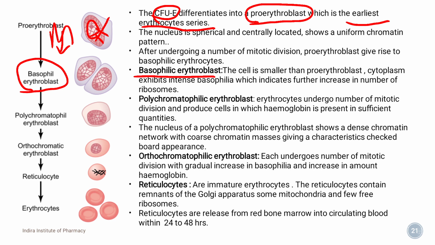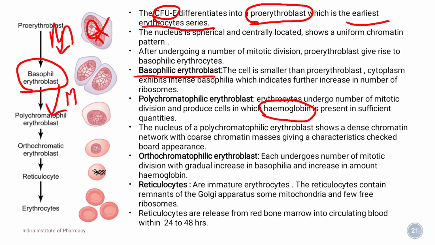Next phase is polychromatophilic erythroblast. So the basophilic erythroblast will again undergo mitotic division and produce cells in which hemoglobin is present in sufficient quantity.